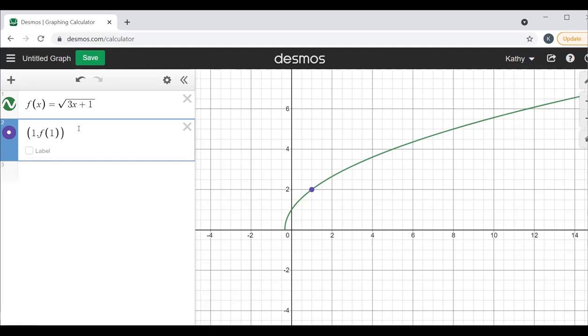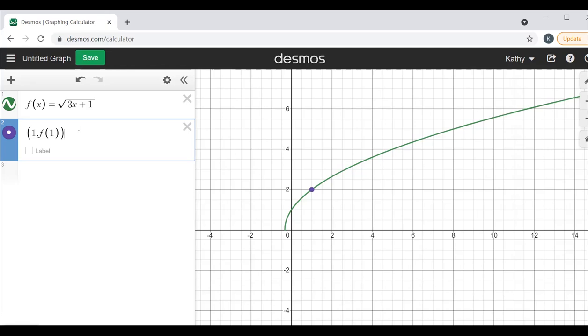So up 2 over 2.5. So what's 2 divided by 2.5? 2 divided by 5/2 is 4/5. 0.8. So maybe we're going to get a slope of about 0.8. Okay, that's what we think we're going to get.